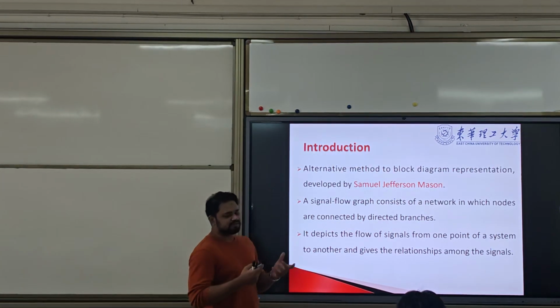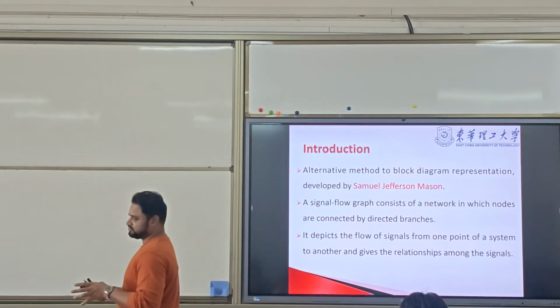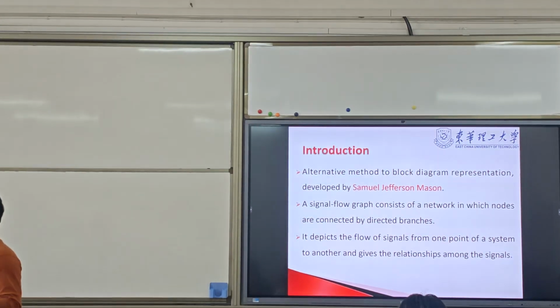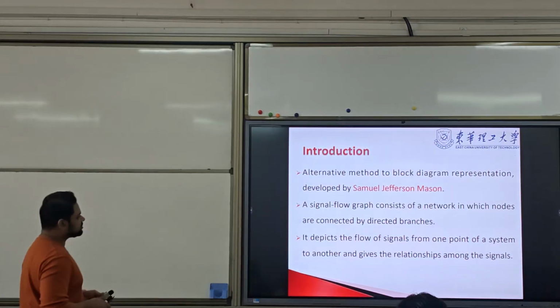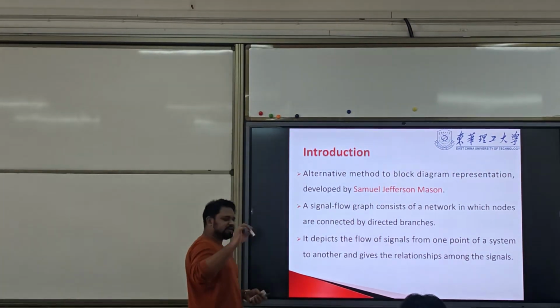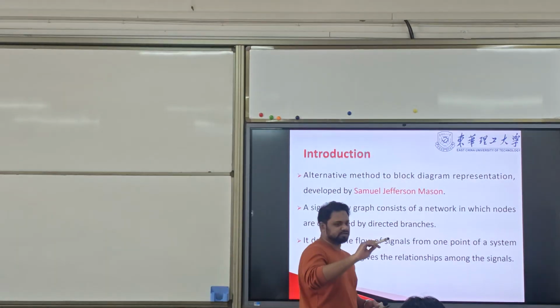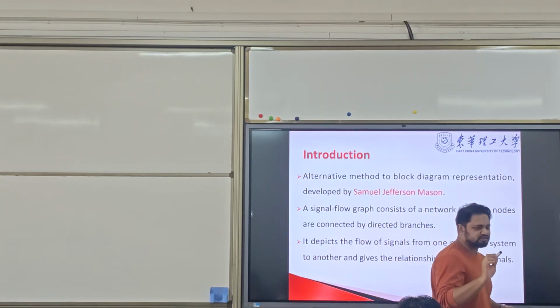So now, what is a signal flow graph? It is an alternate method of the graphical representation of a transfer function or some control system. We have seen the transfer function. The transfer function is the mathematical representation of the input-output relationship for any control system.